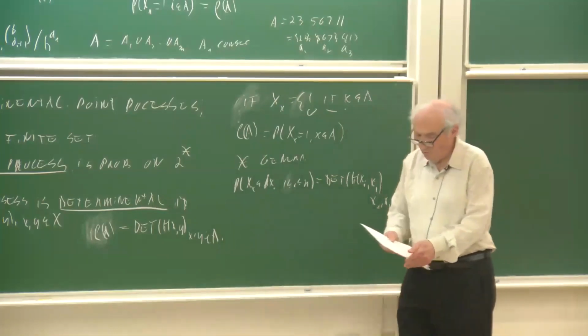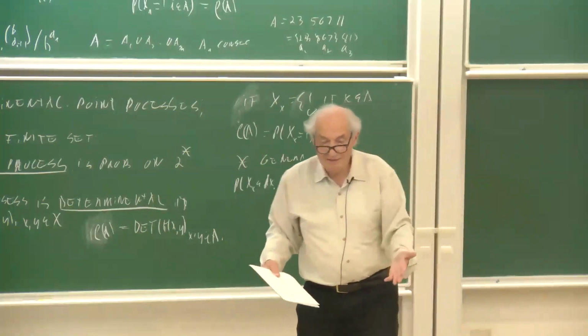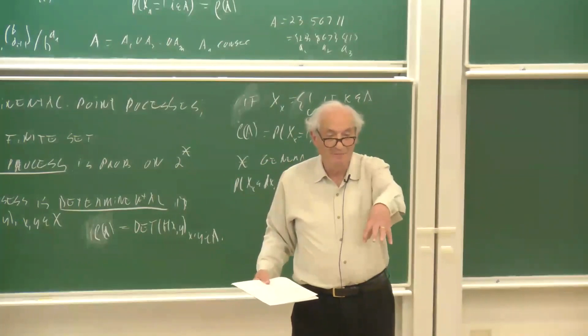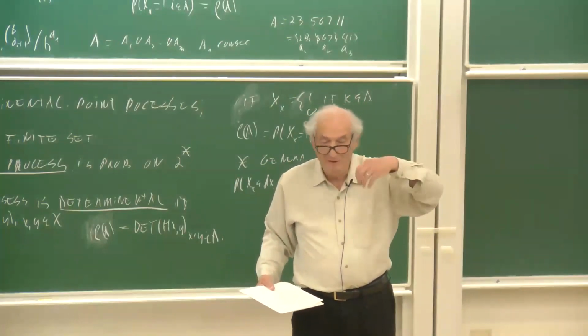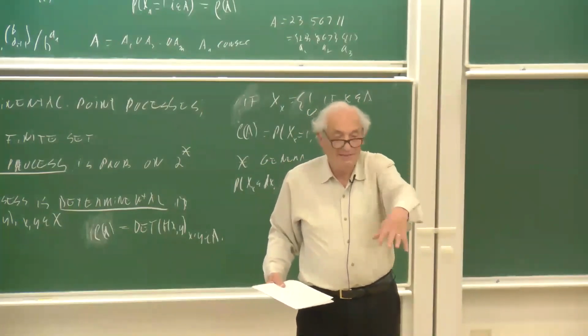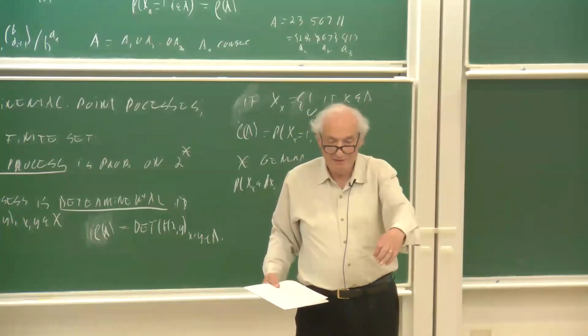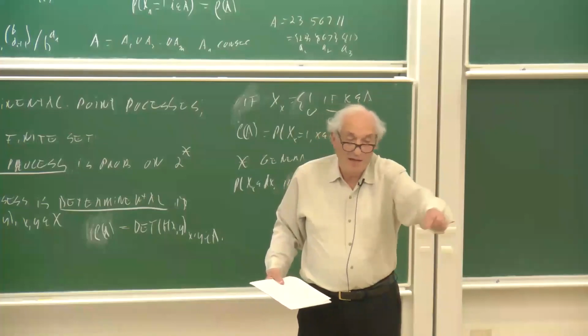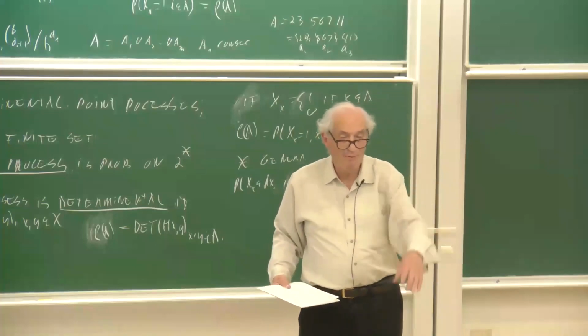Suppose, as it's going to be in a second, that my space is the unit disk. And I have some way of making random dots in the unit disk. And then you could say, well, what's the chance that there's a dot here, here, and here, and no dot over there? That would be a point process.